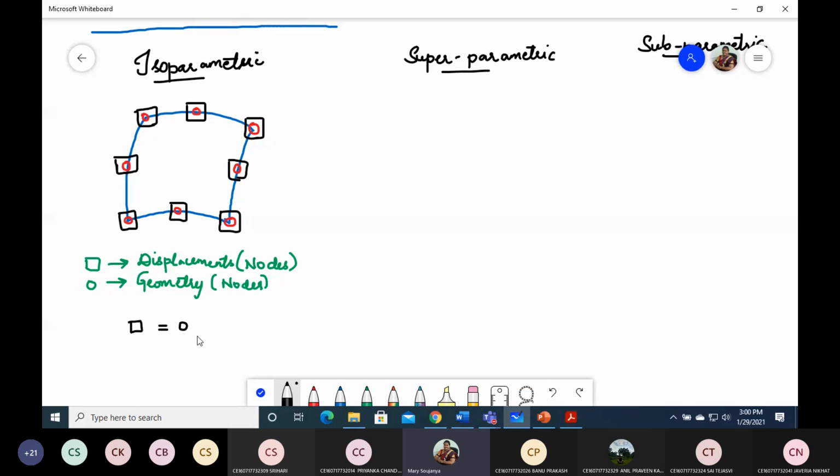The nodes that are used to define geometry, when they are equal with the nodes that are used to define the displacements, then we are calling that isoparametric. You may note down the definition or the statement, please.